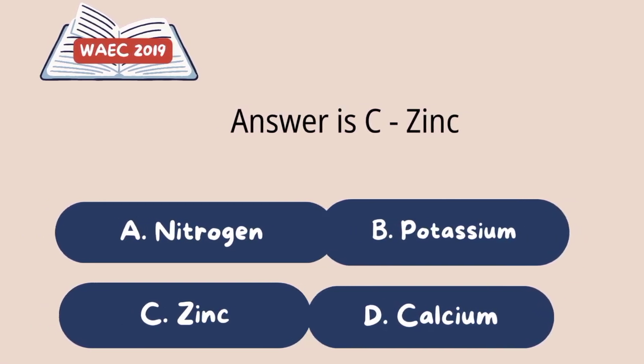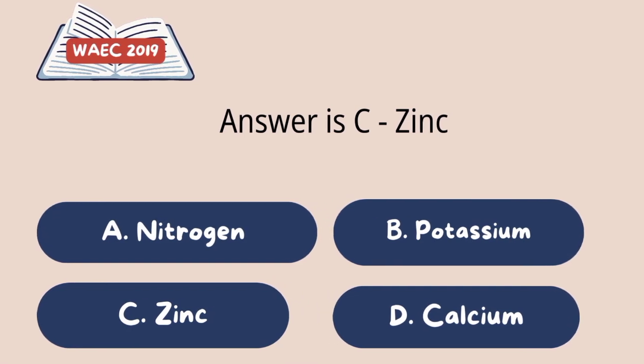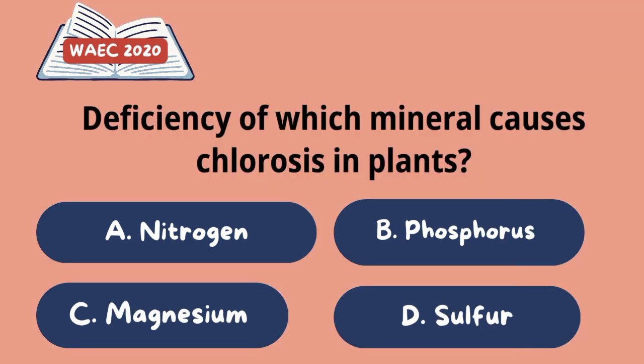Zinc is needed in small quantity for proper growth of plants. All other options, nitrogen, potassium, and calcium, are all needed in large quantities, so they are called macronutrients.